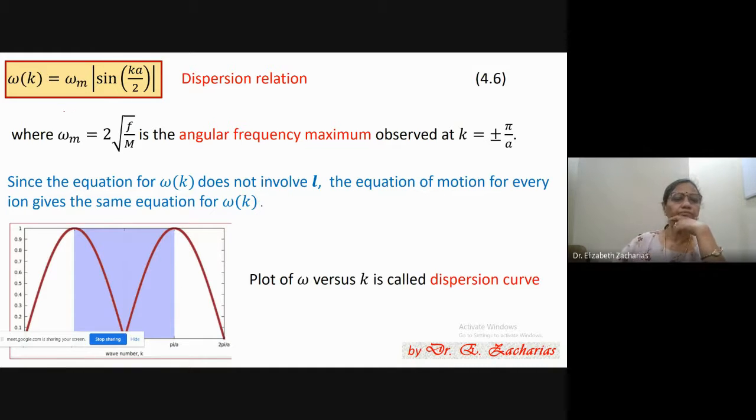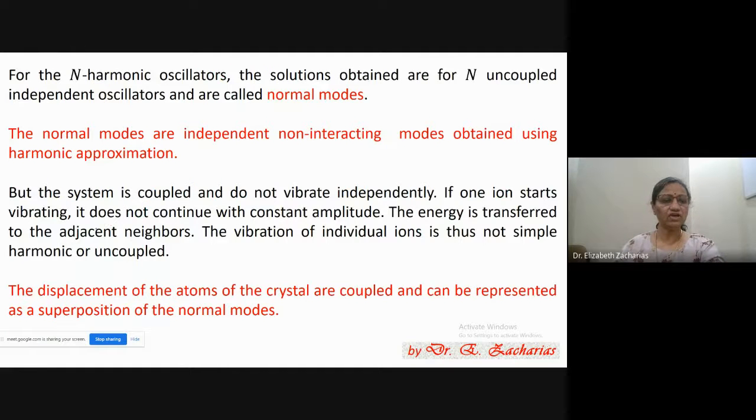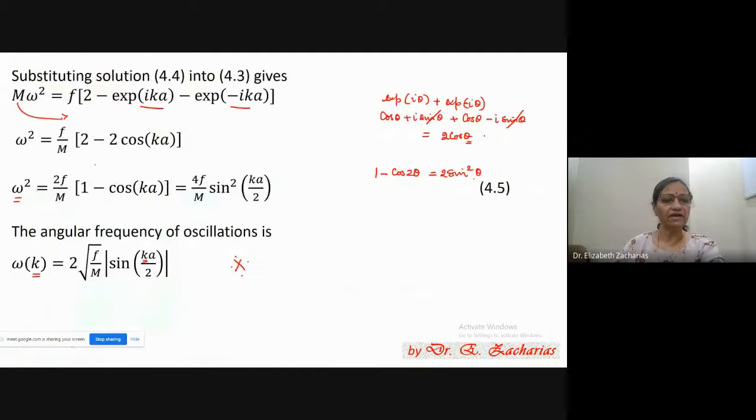Next, I don't know whether you noticed, here I had written 2 into under root of f by m. Sine will not have any unit. So we will write one extra step here. Omega is a function of k. We can call this constant as omega m, a constant, into sine of ka by 2.